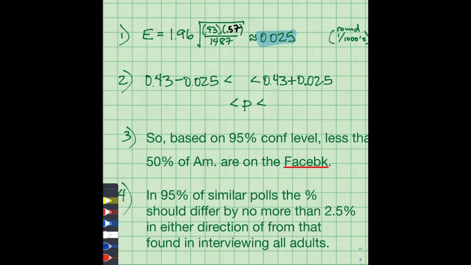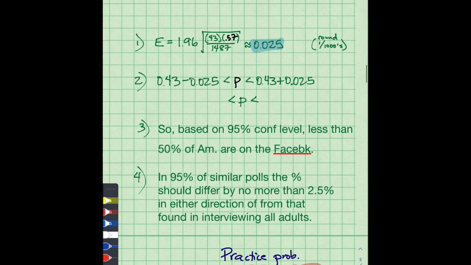So now I take my proportion for the sample. I subtract the error. I take my proportion, I add the error, right? Together, that's going to form my interval of confidence. What confidence? 95% confidence level.